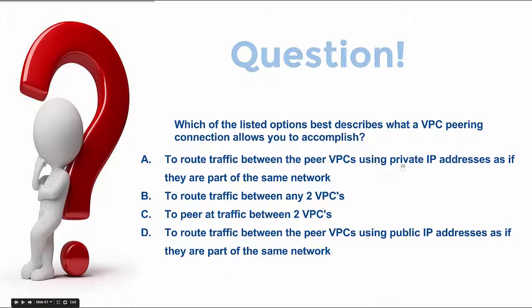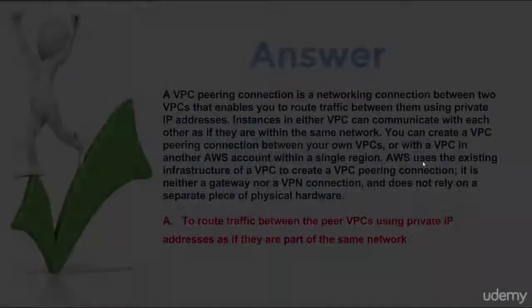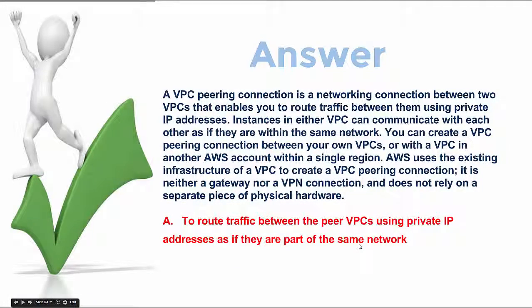Okay, so I guess the answer is going to be A. Correct. So I'll leave you to read the rest of that answer there, but because I already illustrated the point by going back and reading the definition of the VPC peering connection. But it might pay you to read through that and try and understand some other concepts in there.